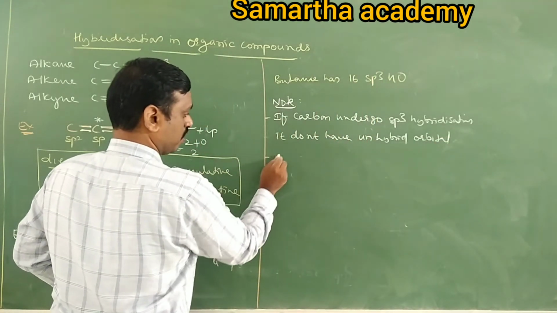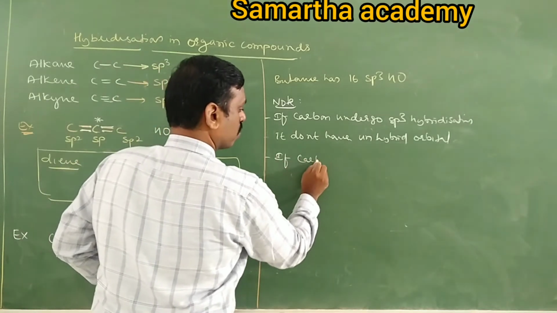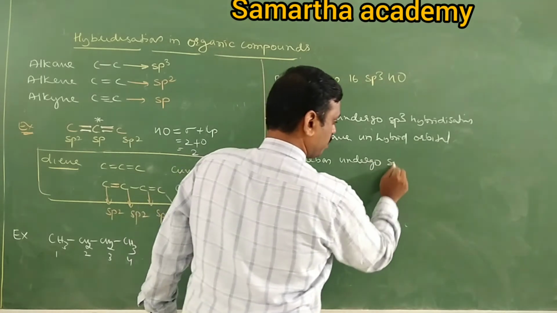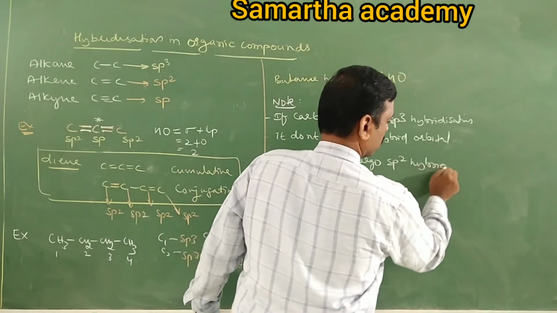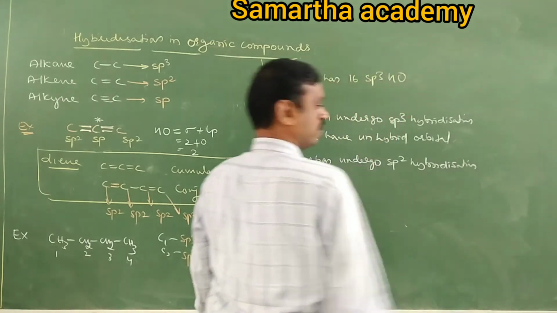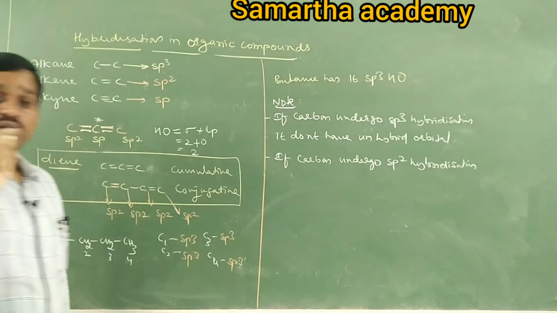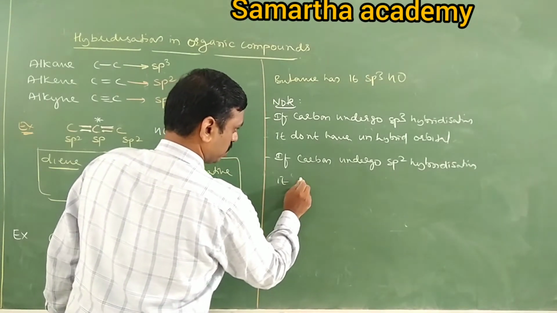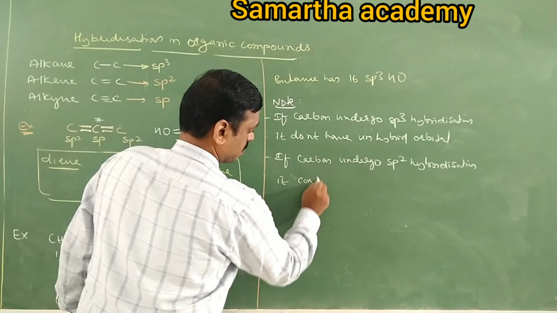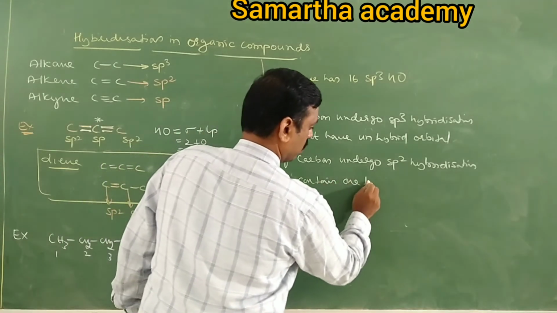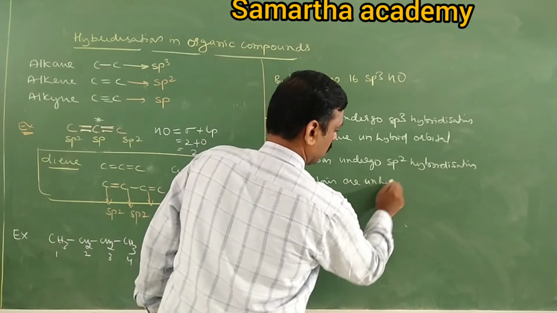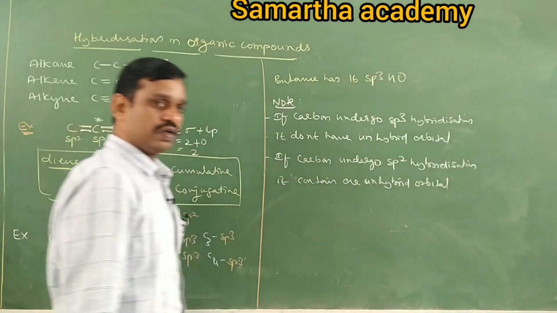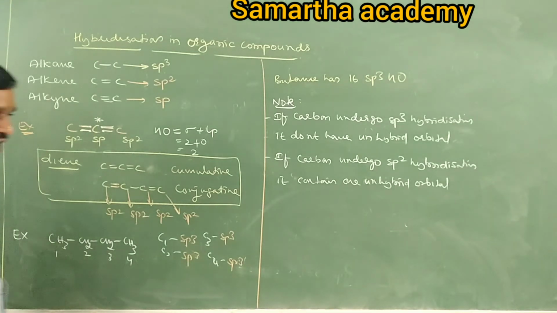Next, if carbon undergoes sp2 hybridization, it has how many? One unhybrid orbital. It contains one unhybrid orbital. How are the unhybrid orbitals placed?